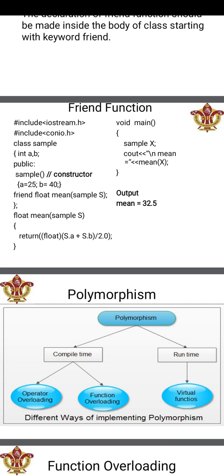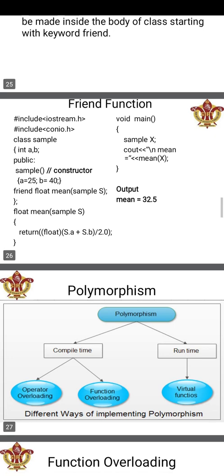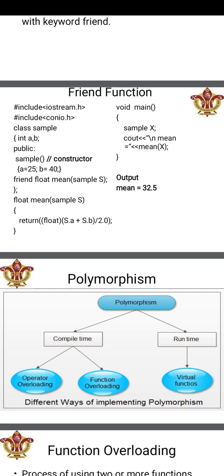Since this is a friend function, we have to precede the declaration with the keyword friend. After that we close the brackets and we define this mean friend function outside the class. Here we don't need to write the friend keyword again. We simply write the return type, float, then the function name mean and the argument, sample type s.